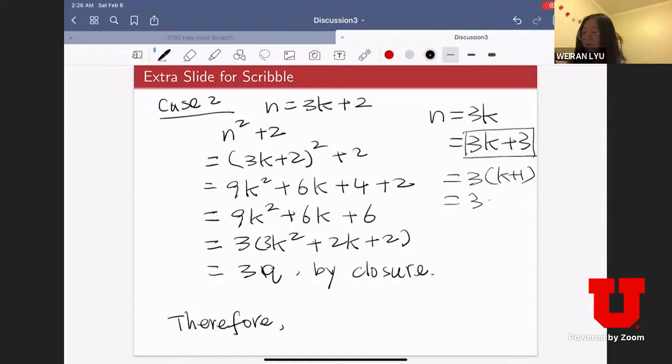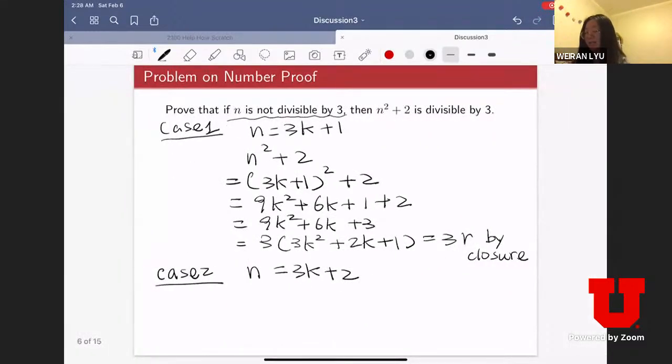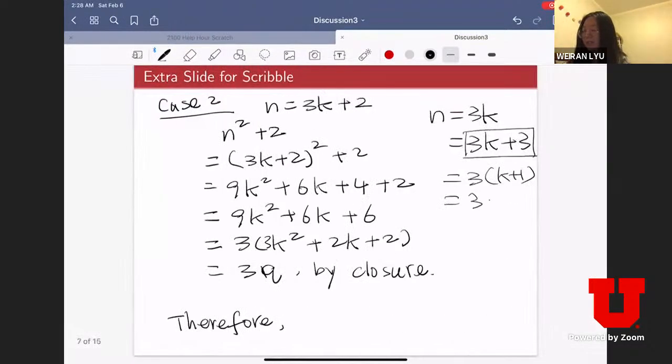So the only possible cases when determining if a number is divisible by 3 or not are plus 1 and plus 2. And if you want to check if n is divisible by other numbers, just increment the cases.